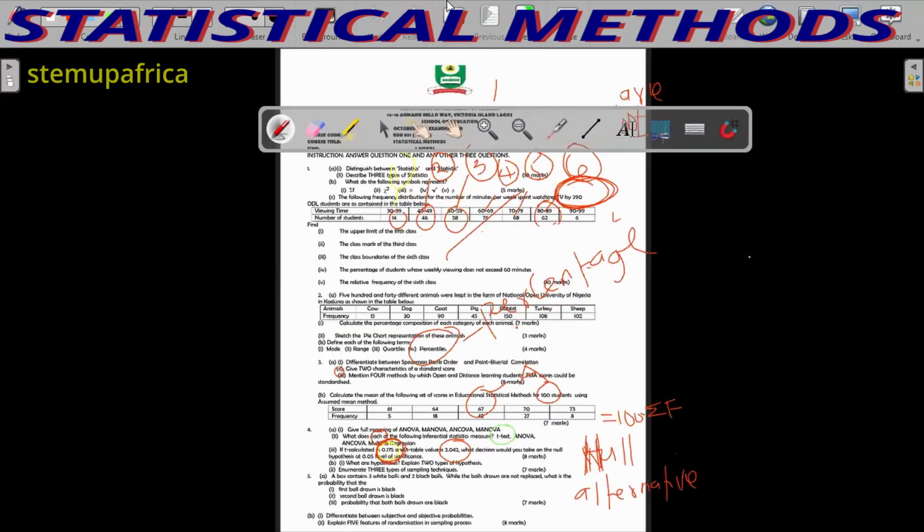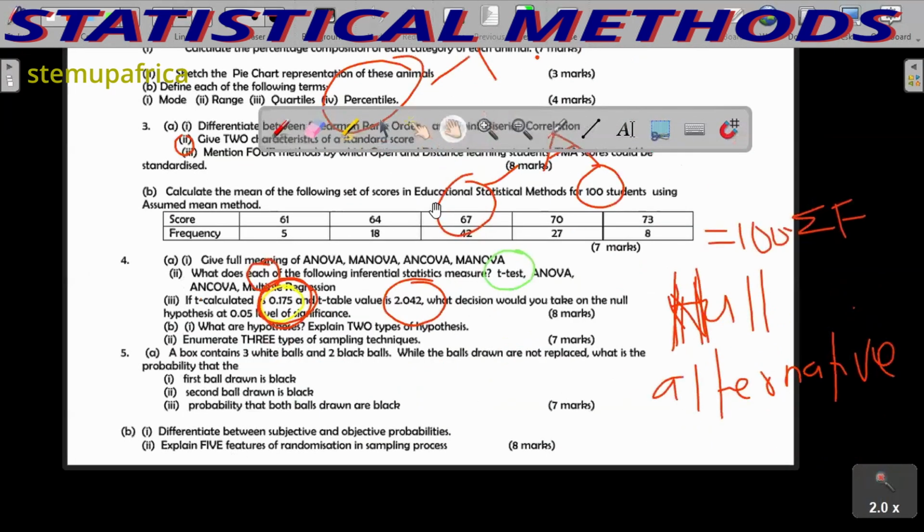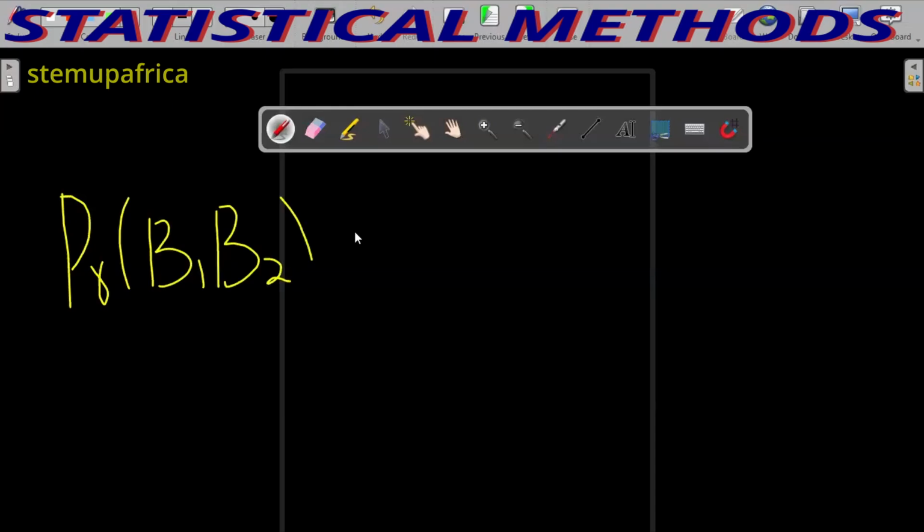Then Roman figure 3. Now we want the probability that both balls are black. That means the first one is black and the second one is black. So the probability is 2 over 5 times 1 over 4.